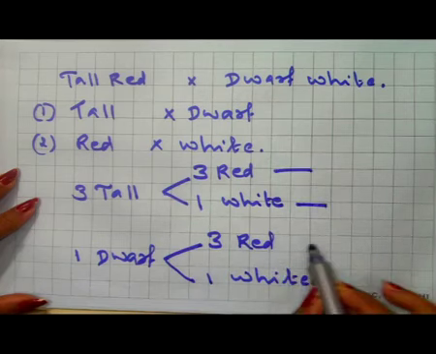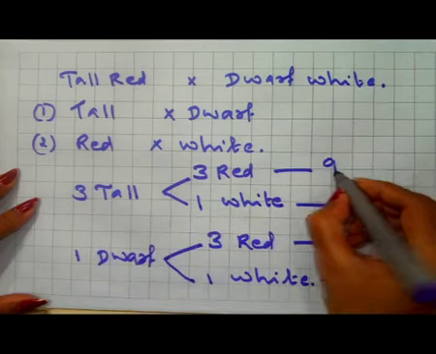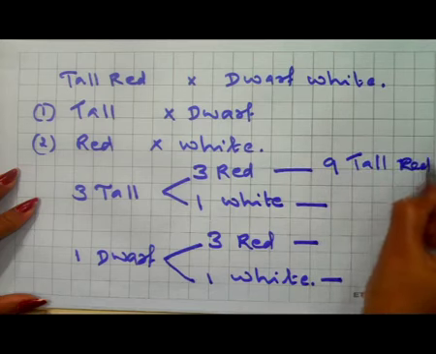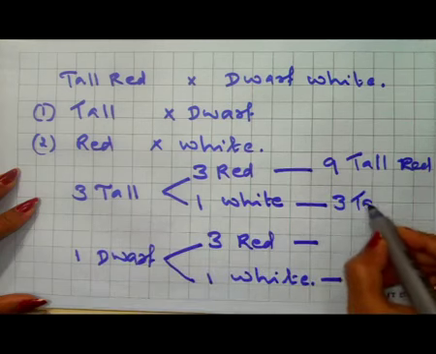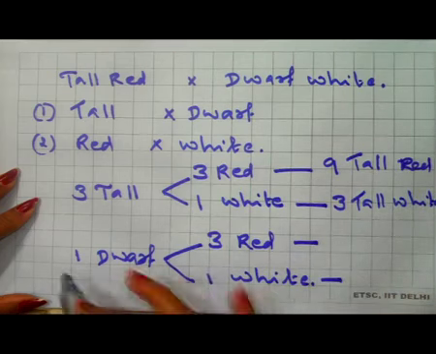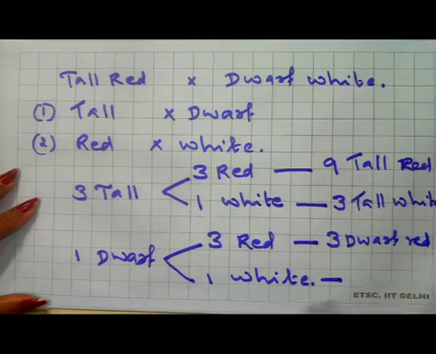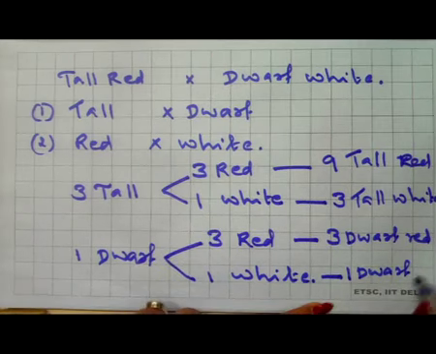Now, you can write like this, 3 into 3 is 9 tall red, 3 into 1 is 3 tall white, 1 into 3 is 3 dwarf red, 1 into 1 is 1 dwarf white.